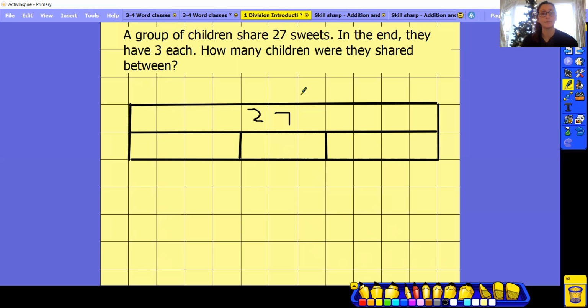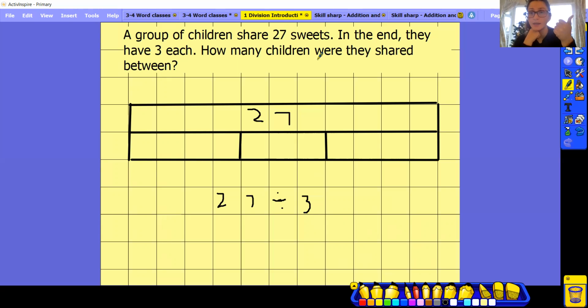Okay, welcome back. So I'm going to do my times tables here. So I know I have to do 27 divided by 3. Okay, so I'm going to do my 3 times table.